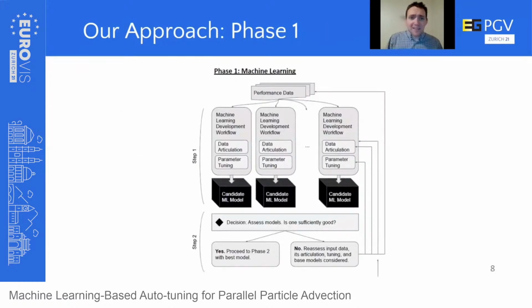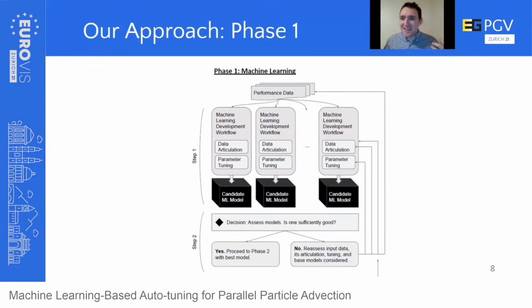workload. To be a little bit more specific, we wanted to take performance data, and we didn't want to try just one machine learning technique, but rather a number of machine learning techniques. In each case, we wanted to play with how we are articulating the data to these techniques.